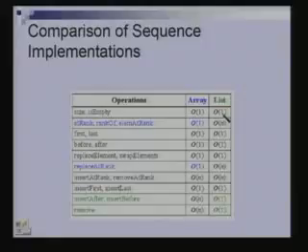So as you can see, in the case of an array implementation, if you want to insert an element at a certain rank, or you want to remove an element at a certain rank, it will take order n time. Now, if you want to insert after or insert before a certain position, this will also take order n time, and if you need to remove an element at a certain position, this will also take order n time.